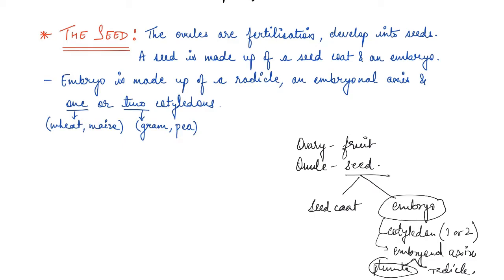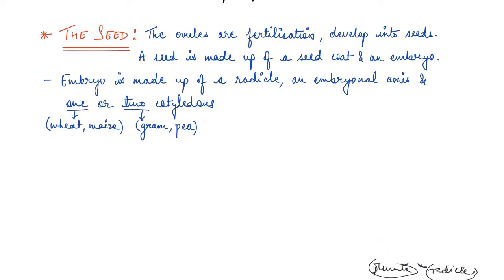So this plumule later on develops as the shoot and radicle later on develops as the root of the plant, right? So this basically is nothing but a seed. Now in case of monocots, it is one cotyledon. In case of dicot, it has two cotyledons. So we will see the structure of both a dicot seed and a monocot seed.